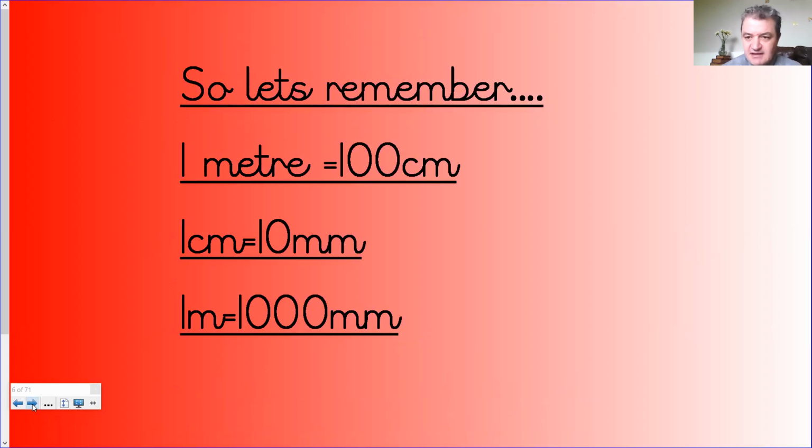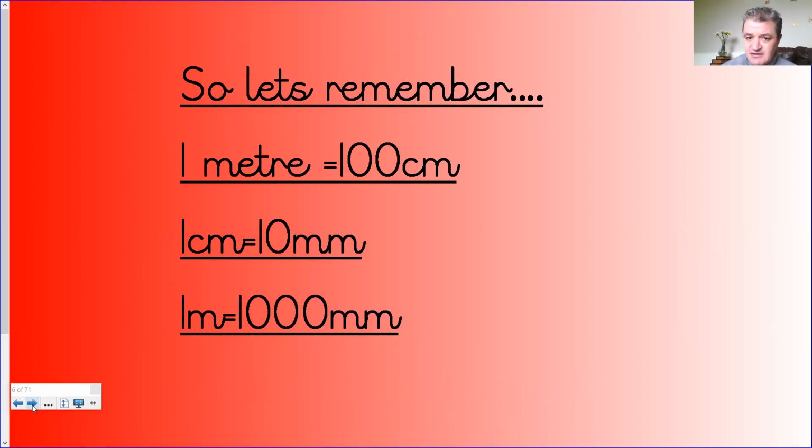So remembering that key fact, 1 meter is 100 centimeters. 1 centimeter is 10 millimeters. 1 meter is therefore 1,000 millimeters. Base measurement is what? The base measurement is meter. Then what's my prefix? It's centi and milli. Centi means 100th.